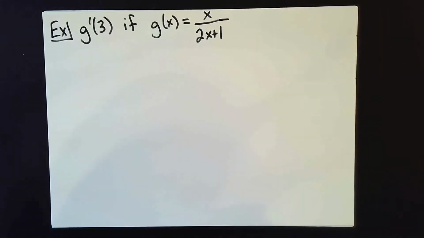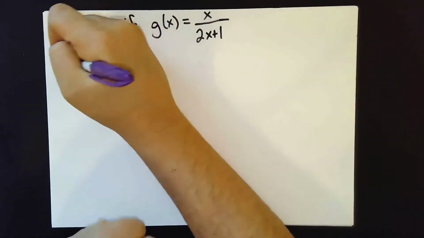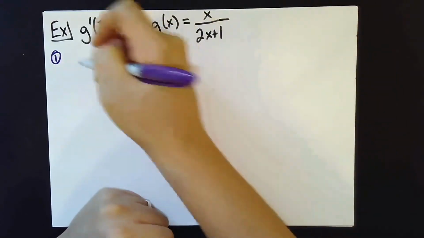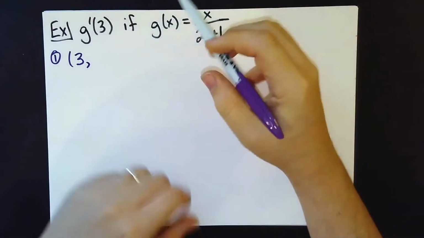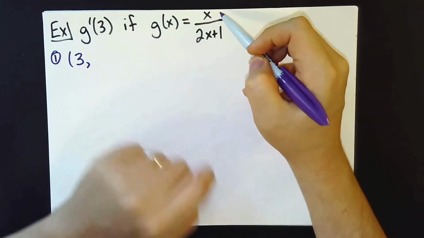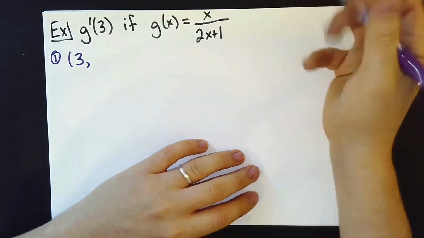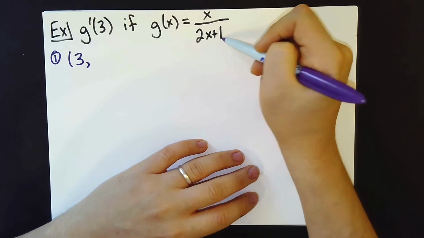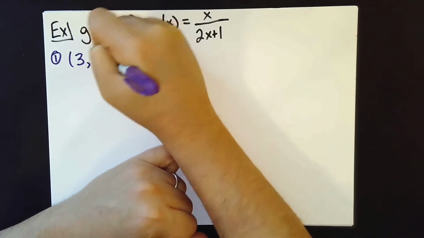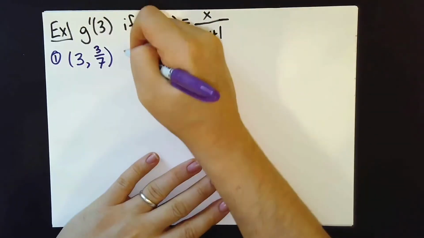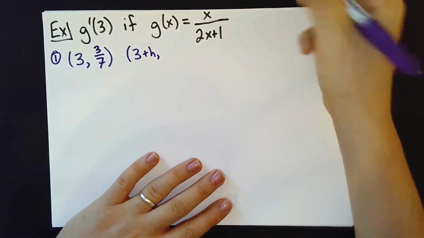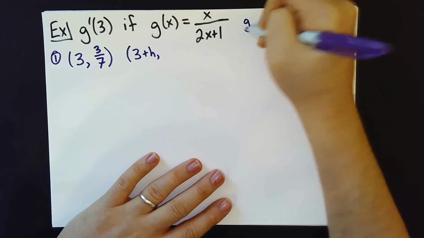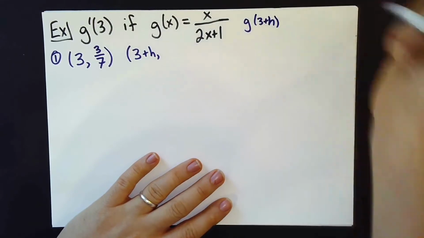So first things first, let's write down our 2 points. So I've got 3, comma, and then g of 3 is going to be 3/7. And then 3 plus h, comma, and so let me calculate g of 3 plus h.